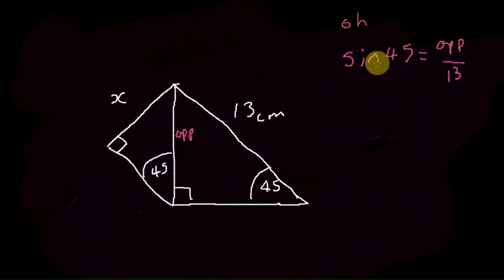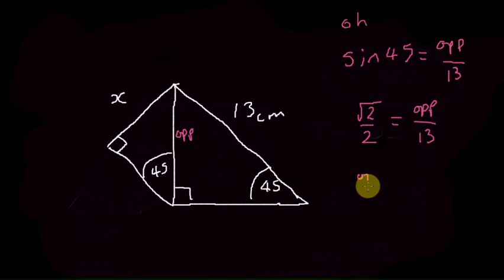I'll let you have a quick stab before I give it away. We did just do it in the last question. Did you get it? I hope you did. So opposite that. Right, so let's take 13 over, and that'll give us the length of that side.